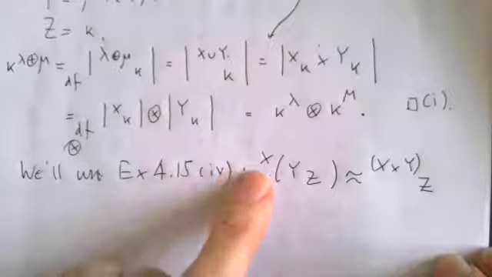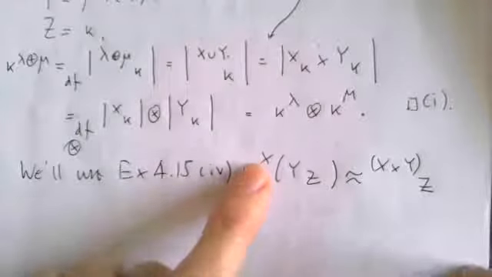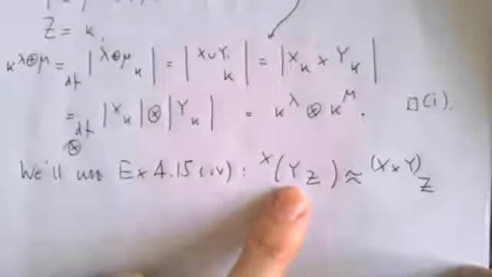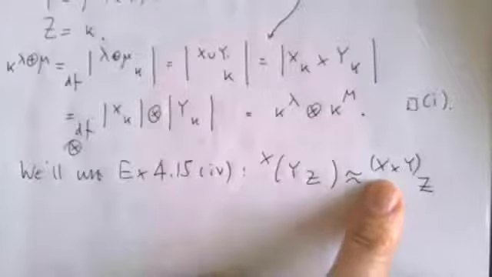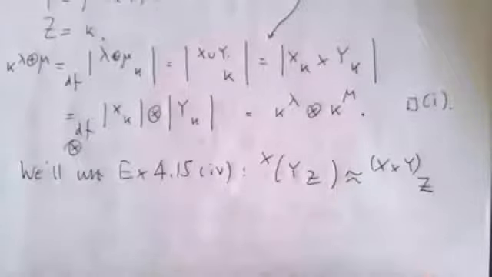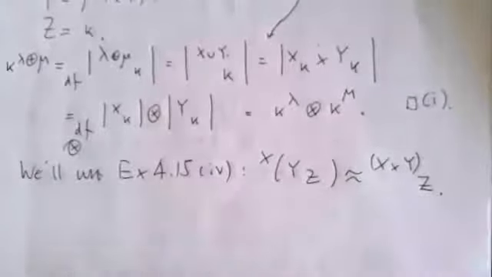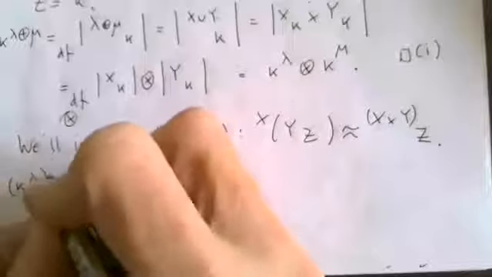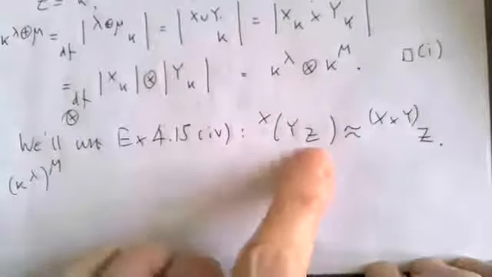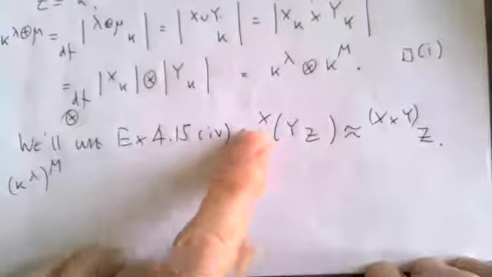So there's a bijection between the functions from x into the set of functions from y to z and the set of functions from x cross y into z. So we have sets of size kappa, lambda, and mu here.